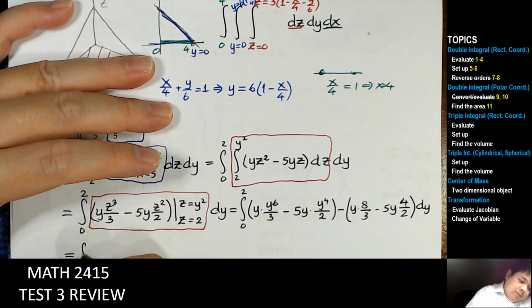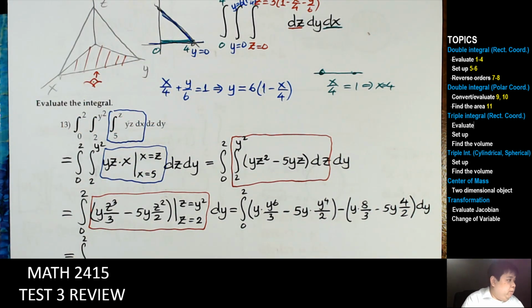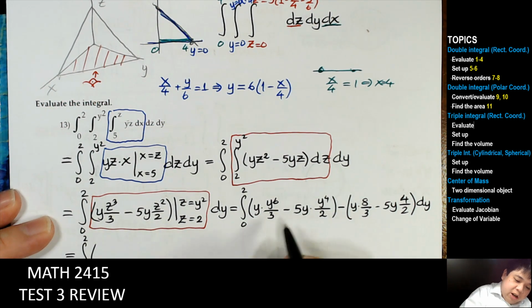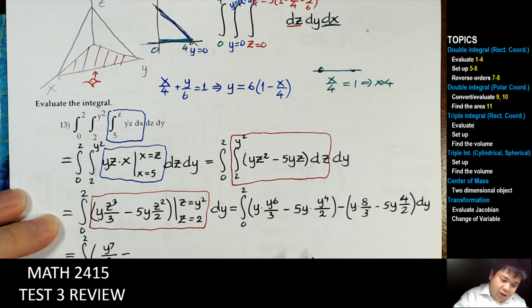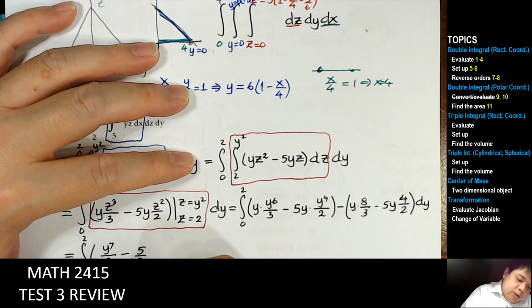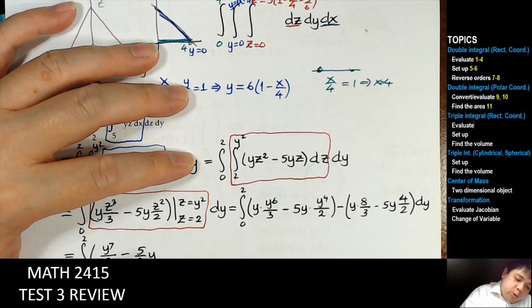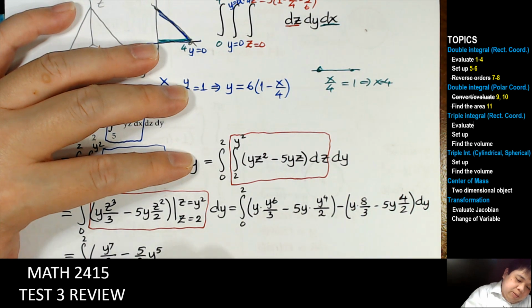Right. We simplify inside. It looks like that will be y to the 7 over 3 minus 5 over 2 y to the 4th times y to the 5th.